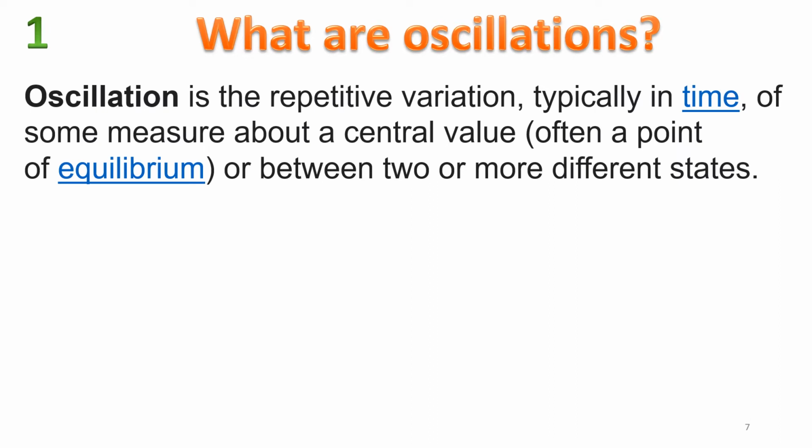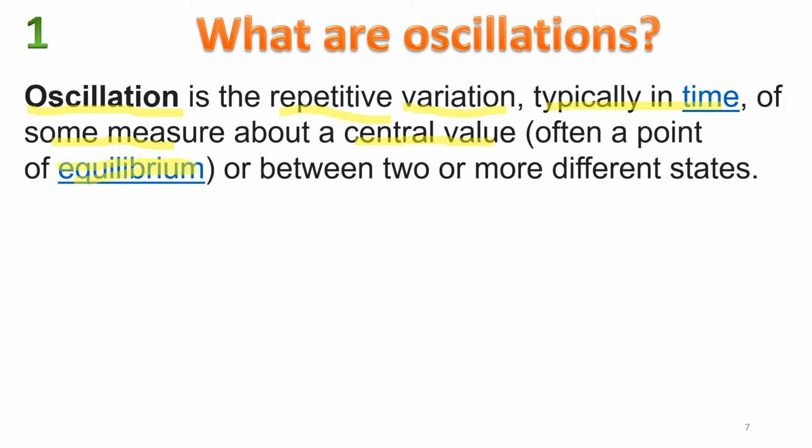Now, referring to the above diagram, you can see the oscillations. It is a repetitive variation, typically in time, of some measure about a central value, often called equilibrium.